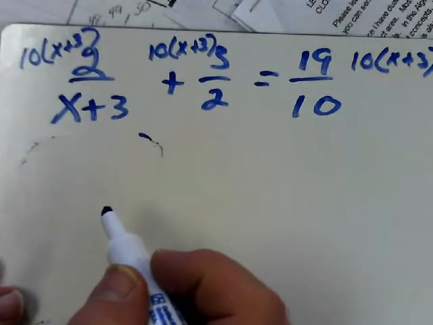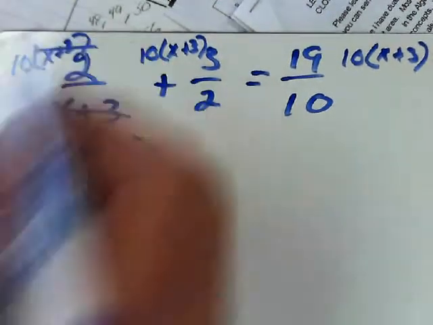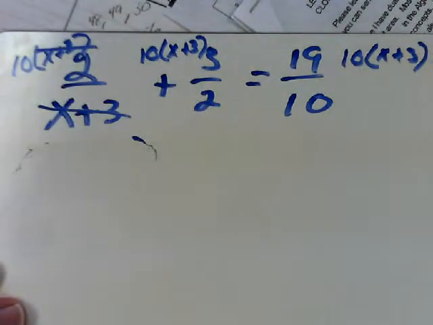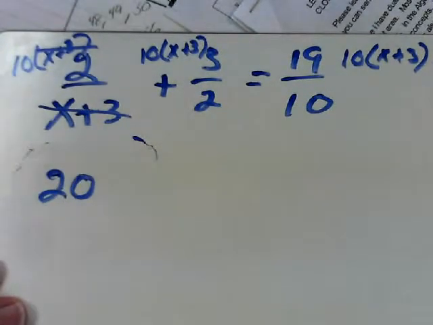What will cancel in the first one? So then I'm left with a 10 times a 2. What will cancel in the second one? There's a 10 and a 10.